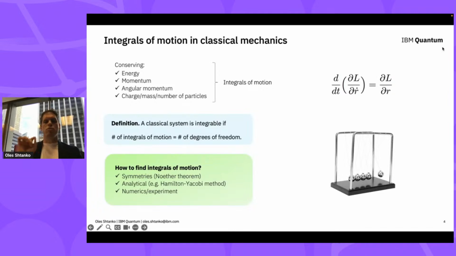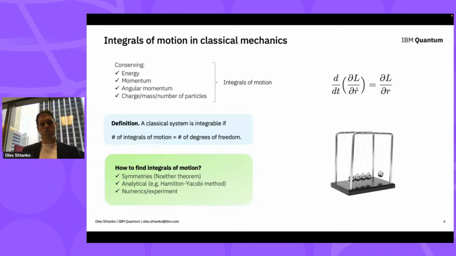However, even before you do this, the right thing to do is to determine what properties of the system remain constant in time, or to find conserved quantities. These conserved quantities include, but are not limited to, energy, momentum, angular momentum, charge, mass conservation, etc. These quantities are usually called integrals of motion.